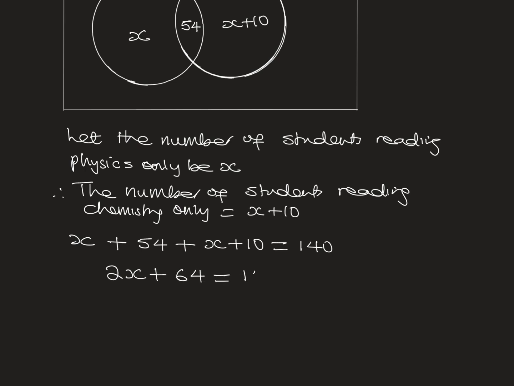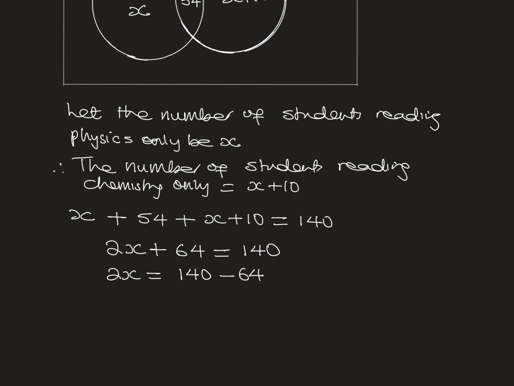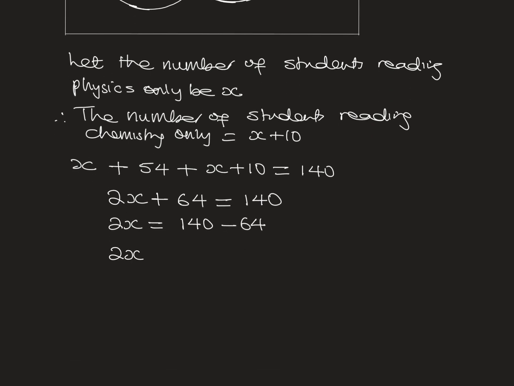This is equal to 140. So that is 2X is equal to 140 minus 64, which is 76. To find X, we divide both sides by 2. And therefore, X is equal to 38 students.